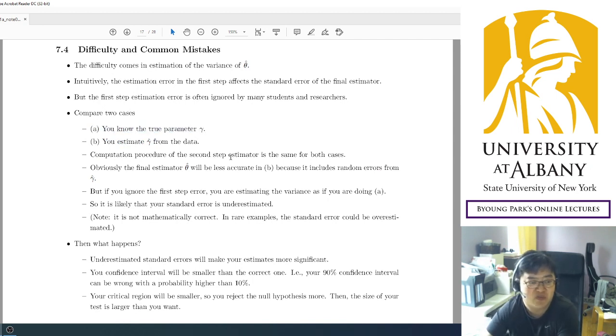But it happens. It can happen, but our intuition tells us this way. And in general, they are different. At least maybe this may be large or this may be large, but usually they are different. So you have to consider the first stage estimate.